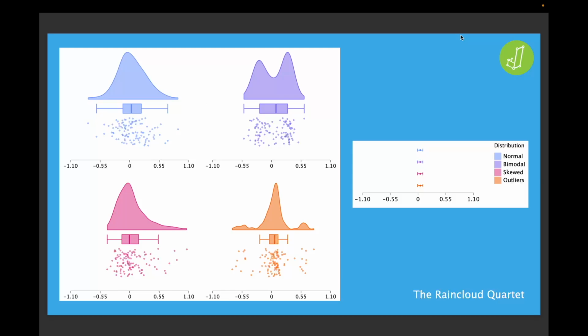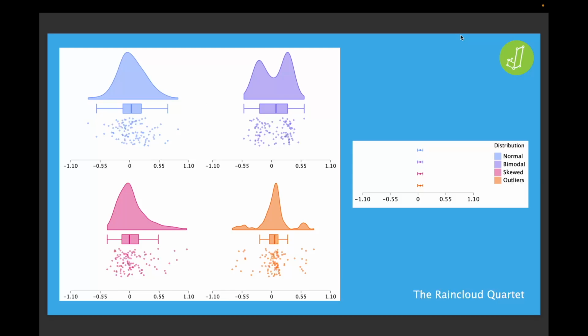And now we can immediately see that the 4 datasets are completely different. For example, we can now clearly see there's a normal distribution and a bimodal one, also a skewed distribution, and one with outliers.